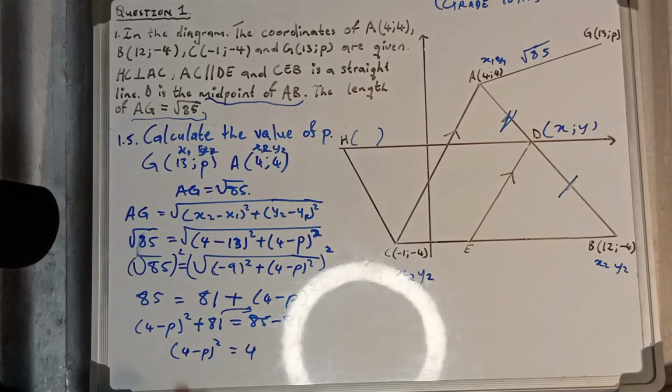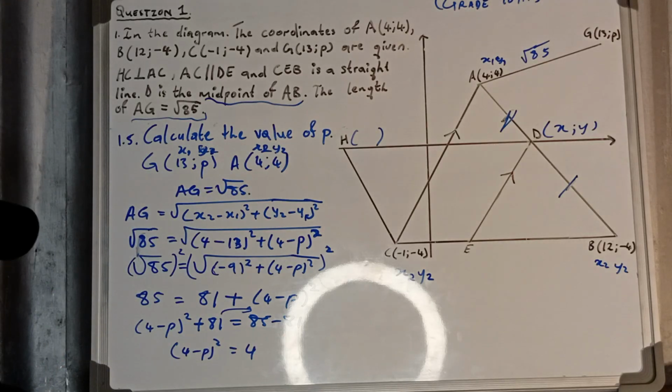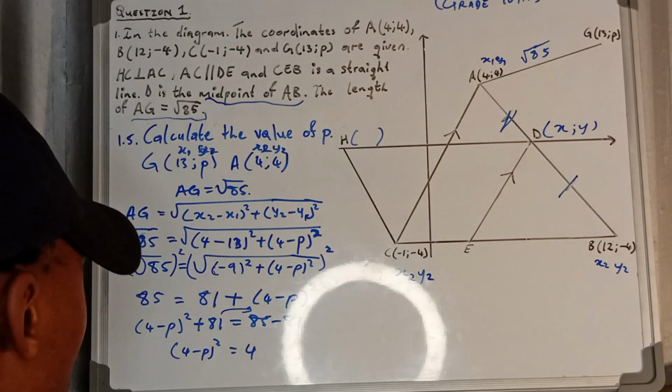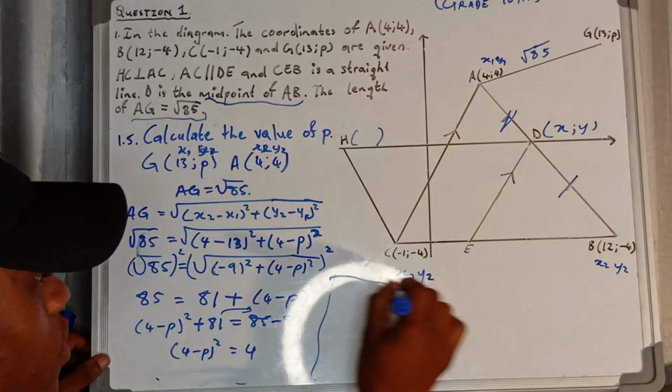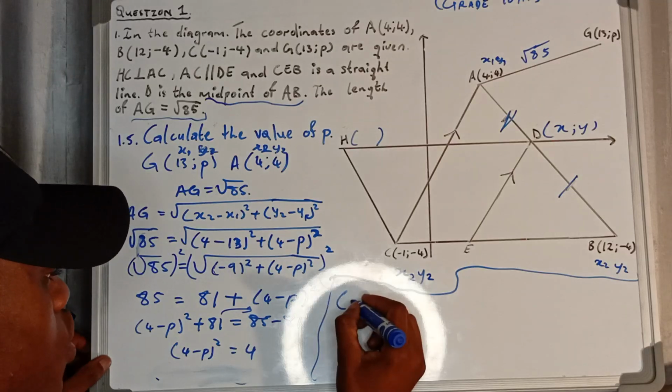You cannot square both sides when you arrive here. That will never happen because you are going to get wrong answers. I hope you can hear me thoroughly. So when you arrive at this situation, this is where you open two smaller brackets.